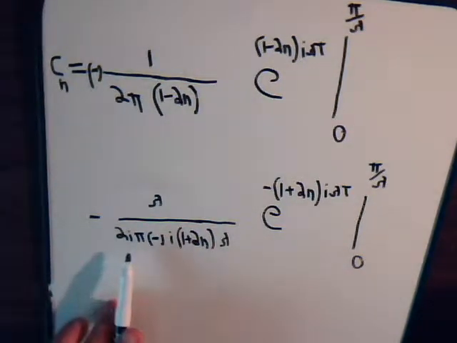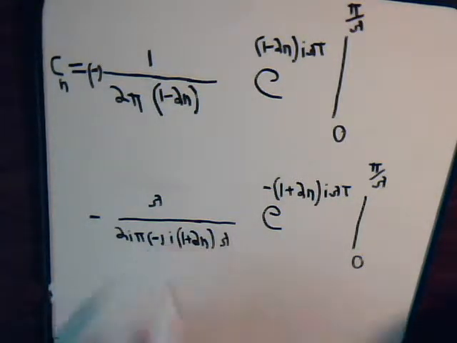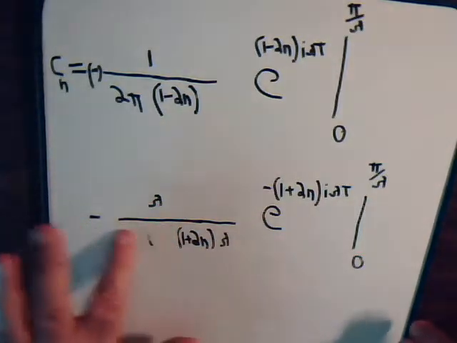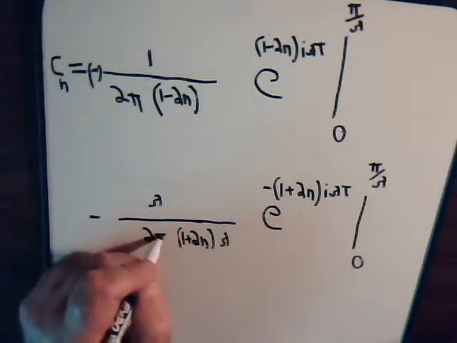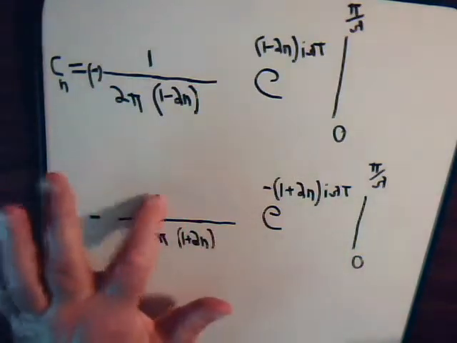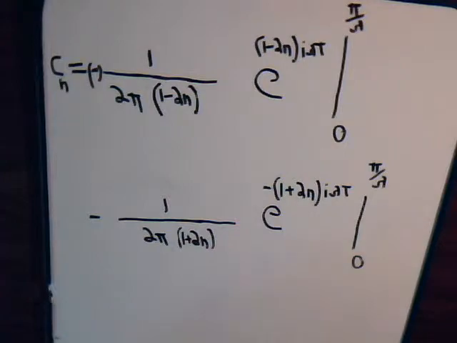Here we have i squared. That's negative 1. That's a negative sign, so we can get rid of these, and let's just leave it as it is, 2 pi. And here these lambdas cancel. So we have this.